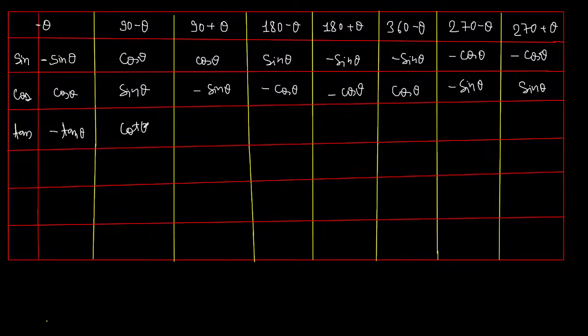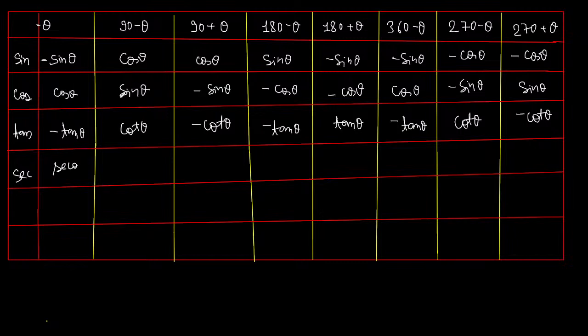Cot, minus cot, minus tan, tan, minus tan, cot, minus cot. Now we have sec. Sec is just the inverse of this thing. Cosec: if we have sine, we will write it as cosec.